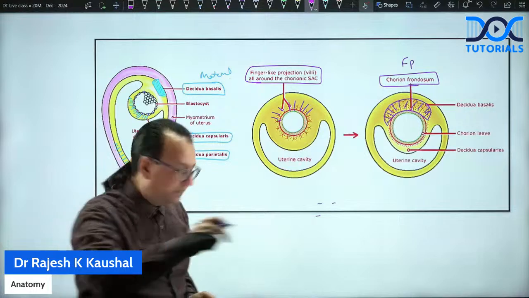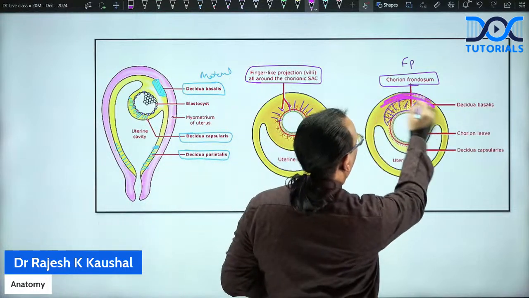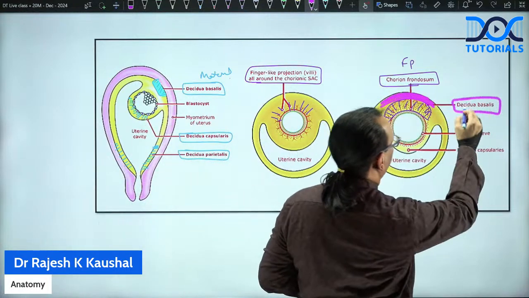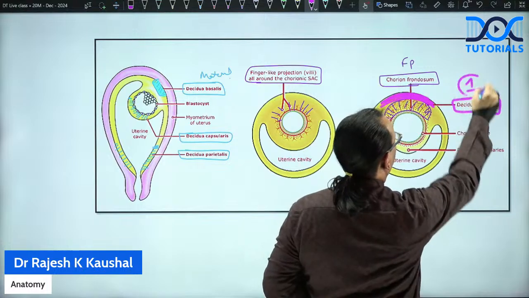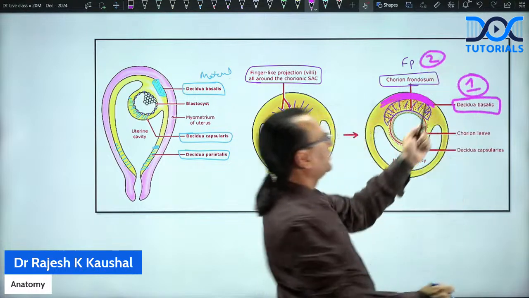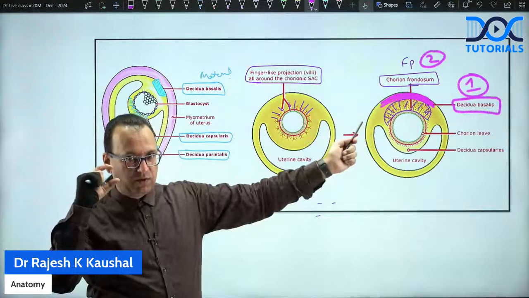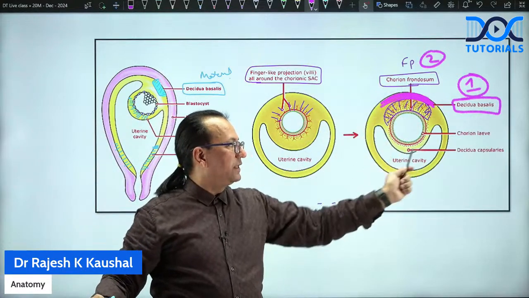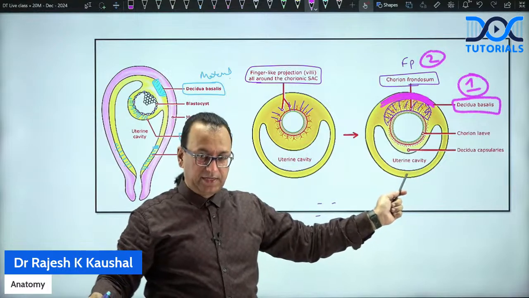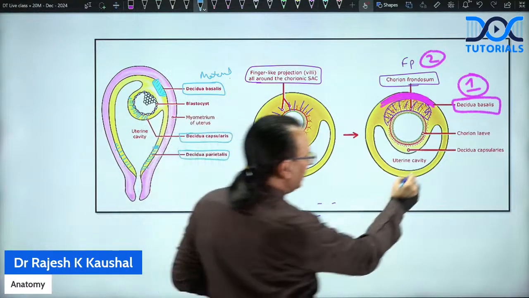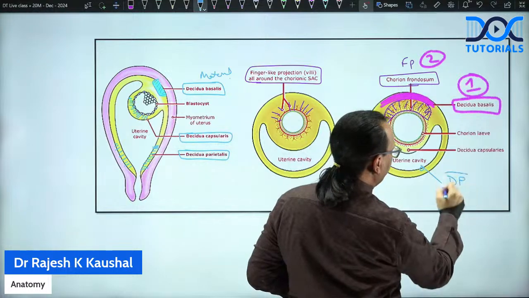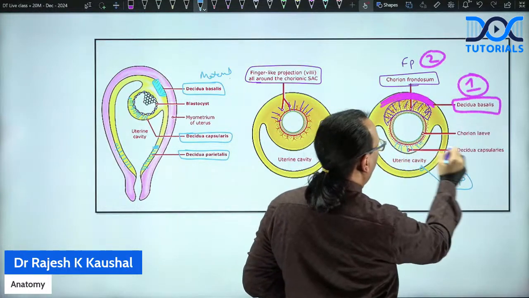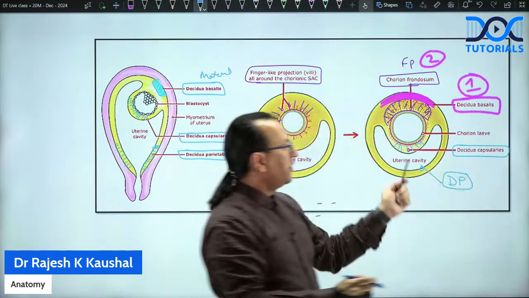The maternal placenta we already mentioned is decidua basalis. So number one, decidua basalis, and number two, chorion frondosum. That is exactly what we have as placenta. Otherwise, this is decidua capsularis, and that is decidua parietalis. None of them contribute to the placenta.